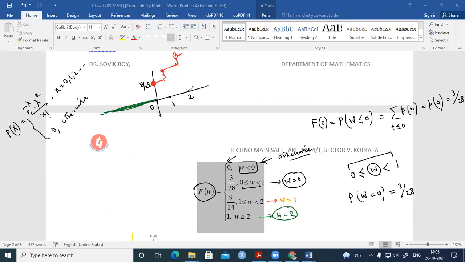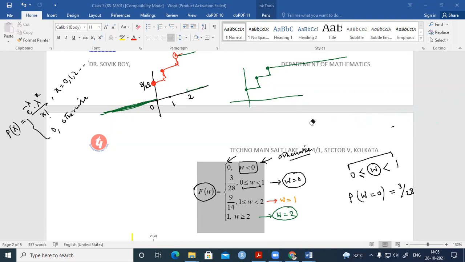On the right hand side of 2, that means this portion, the probability is going to retain the value 1. So the curve will be like this. If this is the value, then next value is this one, then next value is this one, and then throughout the problem it is going to retain the same probability. So in this particular part, we have written small w greater than or equal to 2, because the distribution function is going to retain the value 1 throughout.